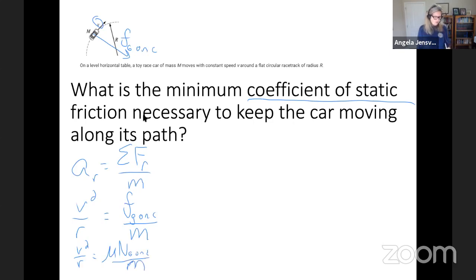Okay, now we need to draw a force diagram from the side. So we did the overhead view force diagram, forces in the radial direction. Now we just need to check out force of earth on car and normal force of the ground on the car. When you look at that force diagram, well, I was trying to make them equal. Let me try it again. I mean, technically it should go from the center of mass. I'm not that picky right now. Okay, so we have two forces in the vertical direction acting on this object.